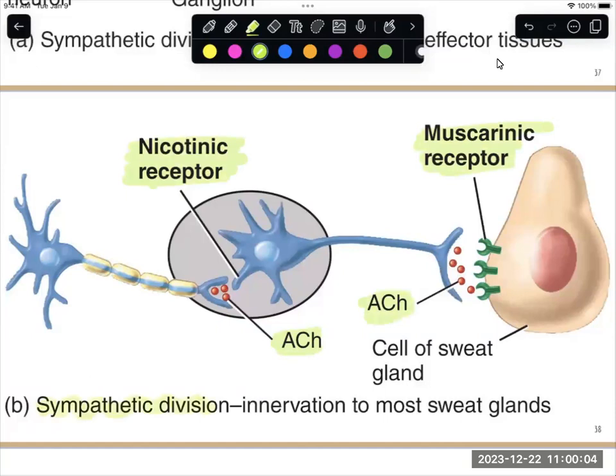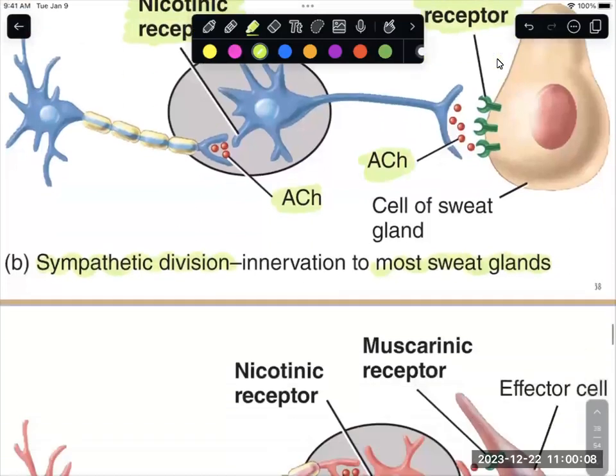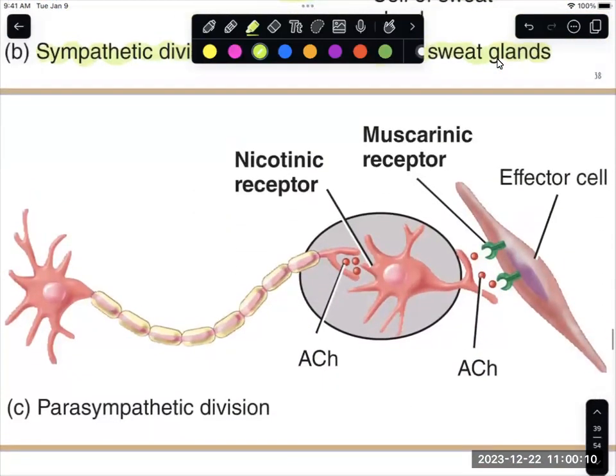This is our sympathetic to most sweat glands. Parasympathetic: we have a nicotinic receptor releasing acetylcholine. We have a muscarinic receptor releasing acetylcholine in that parasympathetic division.